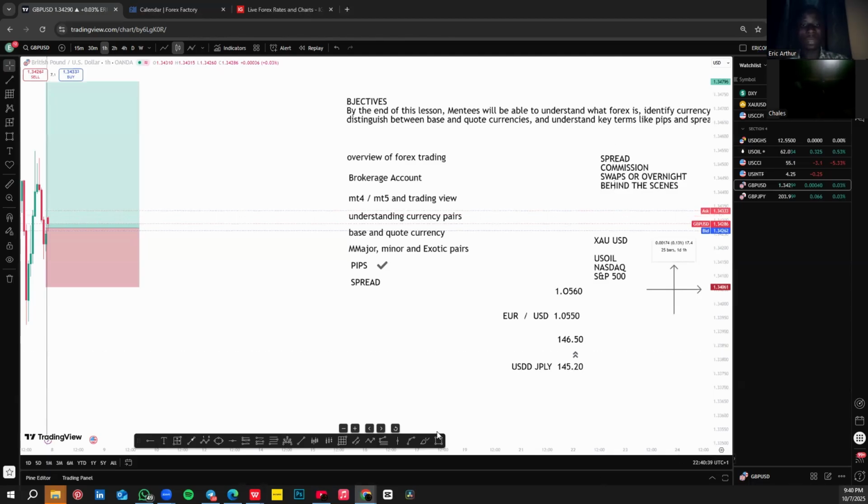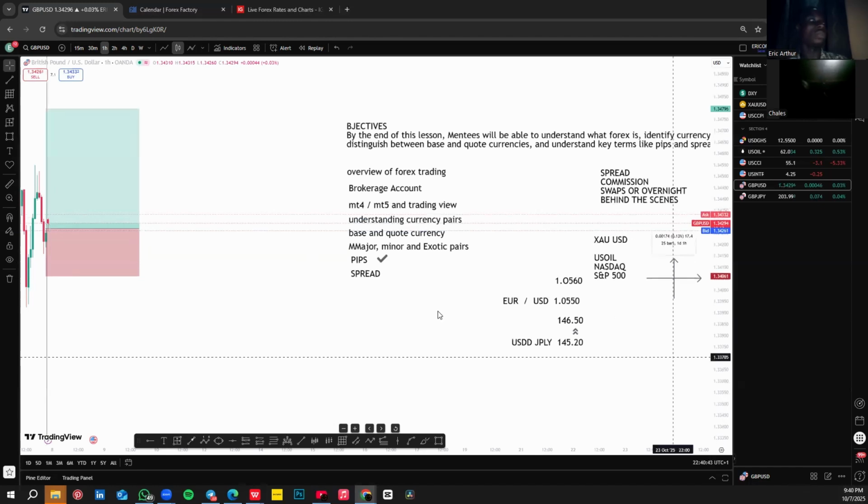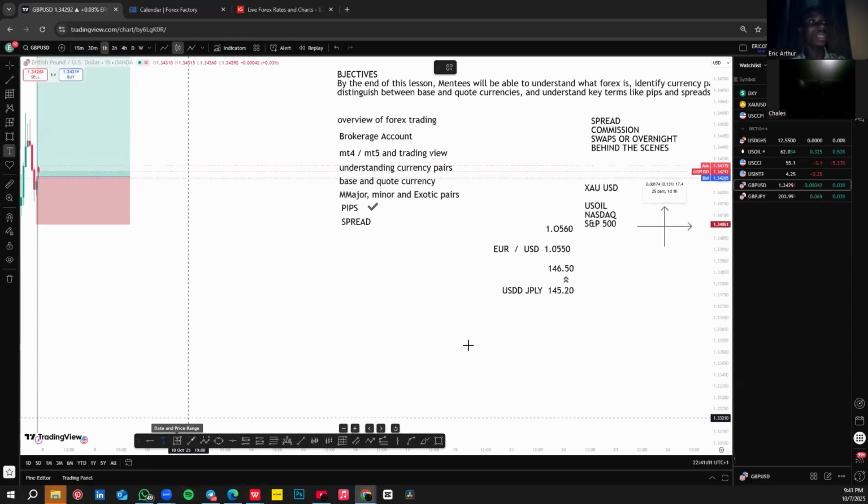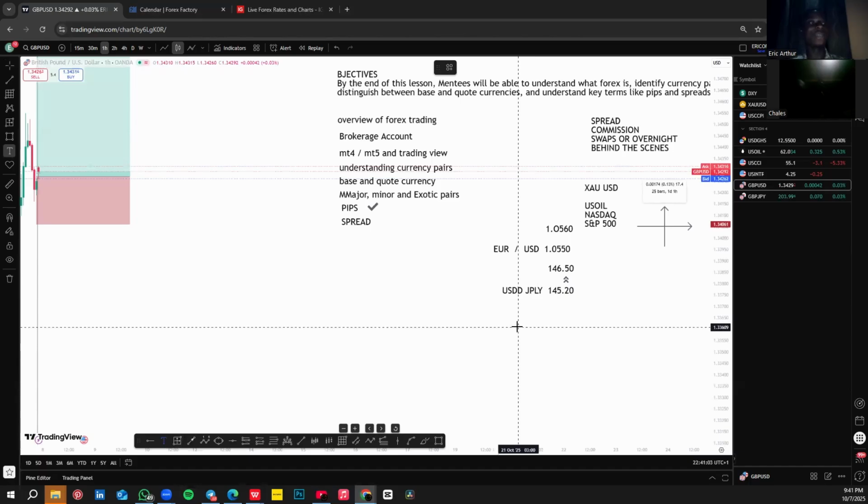And then we are going to the almighty XAU USD. Trust me, when I started, understanding gold pip movement was very, very difficult, because you see someone saying a different thing.